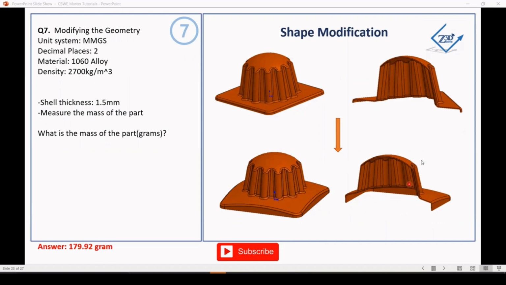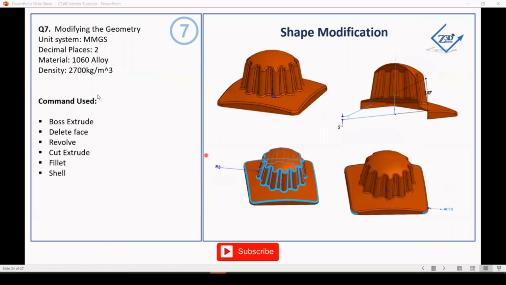So the commands used are: pause, extrude, delete face, revolve, cut, extrude, fillet, and shell. The series of commands is like this: first we have to do the pause, extrude, then delete face, then revolve, then cut extrude, then fillet, then shell.